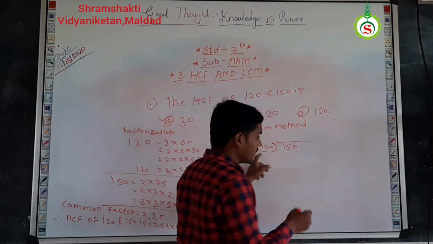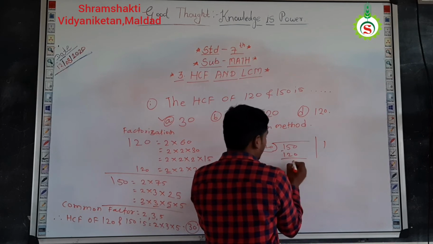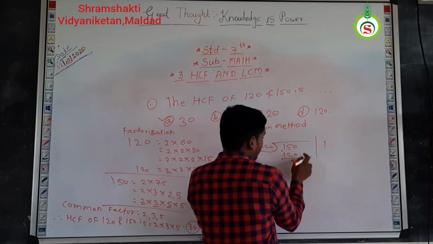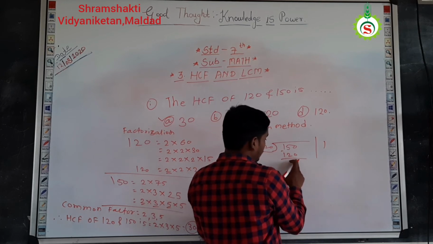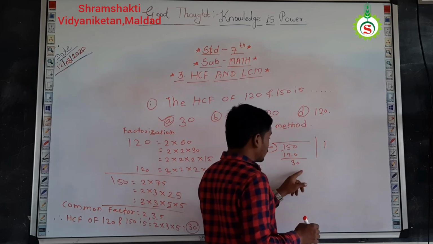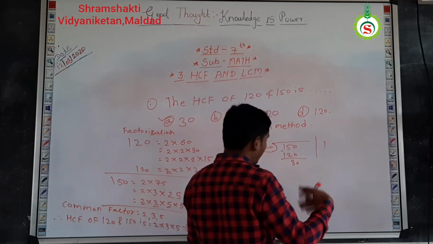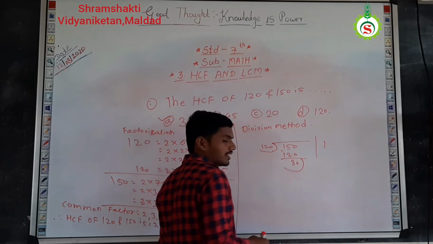So 120 ones are 120. 0 minus 0, 0. 5 minus 2, 3. 1 minus 1, 0. So what is the remainder? 30. That is not 0, so I have to repeat the process.